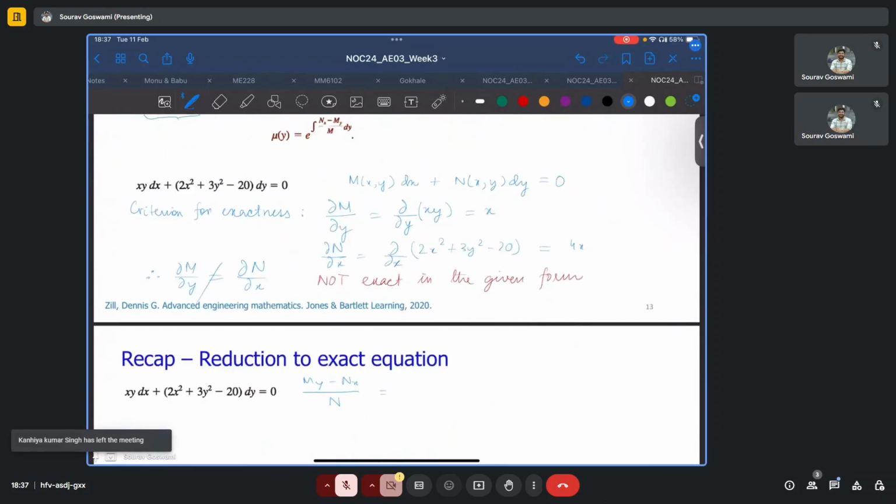My is this ∂M/∂y, which is x, minus Nx is ∂N/∂x, which is 4x, and N is given to us as 2x square plus 3y square minus 20.